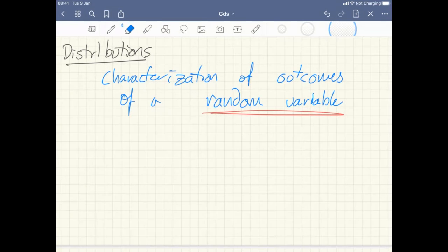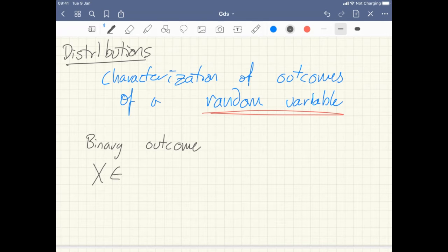Now, random observations and random distributions can have very different shapes. So in that example, where we have a binary outcome, we could say that our variable exists in the set of values that are 0 and 1.